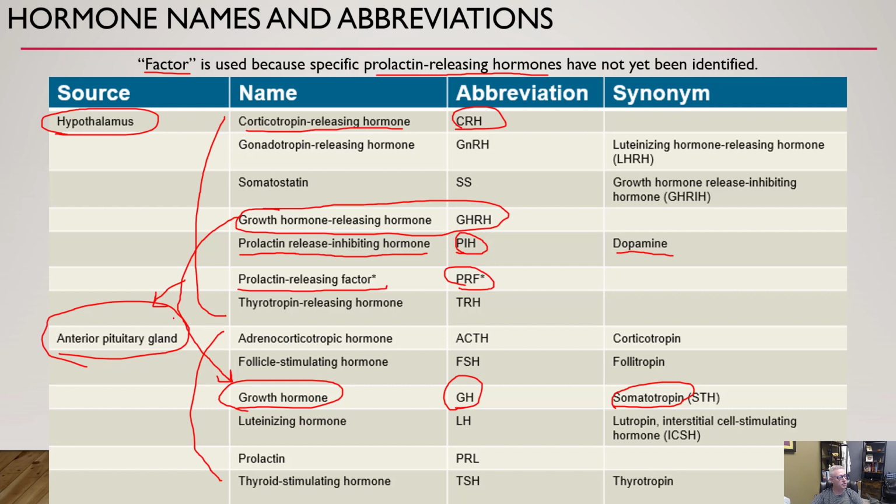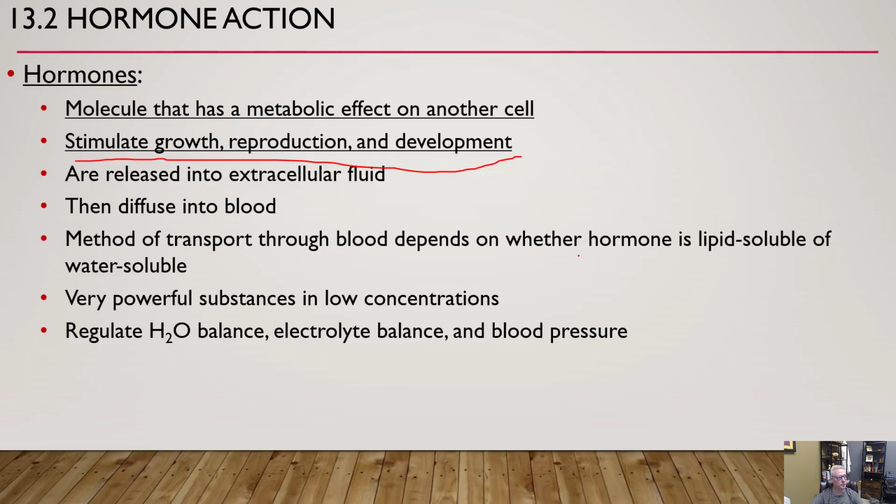The anterior pituitary has receptors for GHRH. If we're talking about a cell in the big toe, it's not going to have receptors for GHRH. Only the anterior pituitary will.